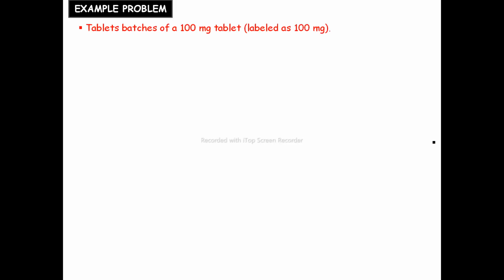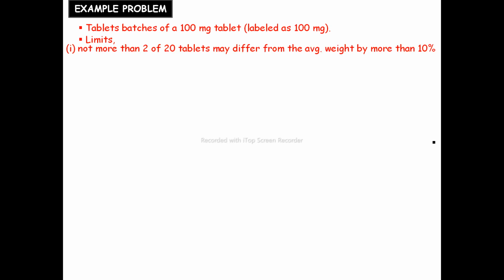Fine, so the problem goes like this. Tablets, batches of 100 mg tablet. The limits are, first of all, not more than 2 of 20 tablets may differ from the average weight by more than 10%. Second limit is no tablet may differ from the average weight by more than 20%.